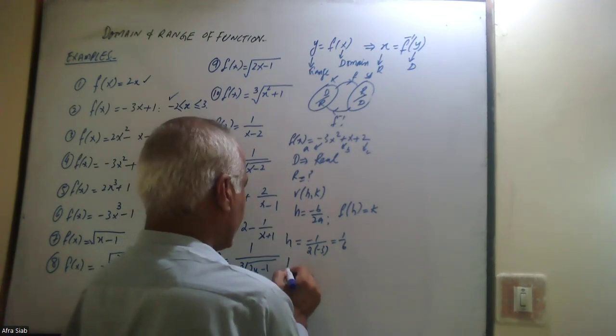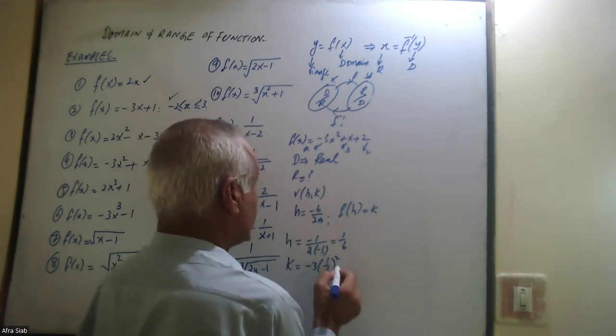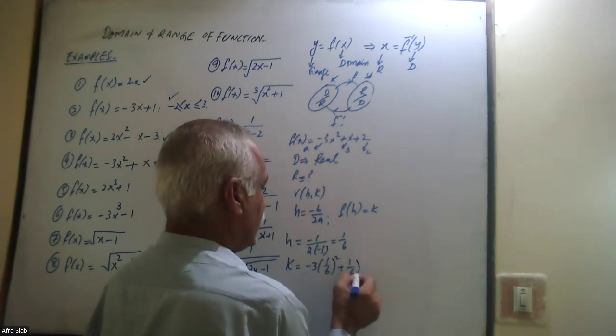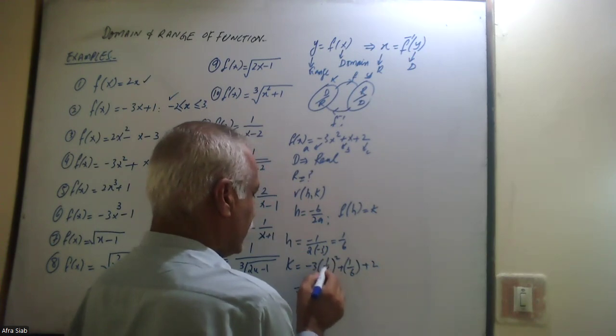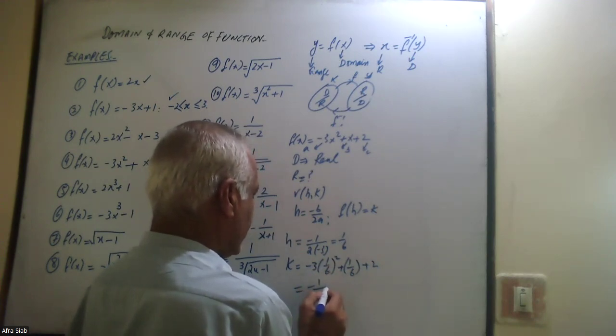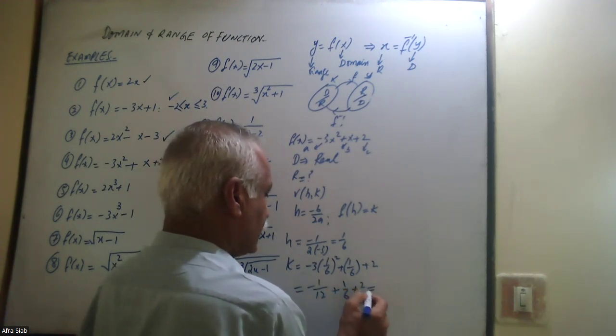Now we get the value of k, which is minus 3 into (1 over 6) squared plus 1 over 6 plus 2, which is equal to minus 3 over 36. So minus 1 over 12 plus 1 over 6 plus 2.